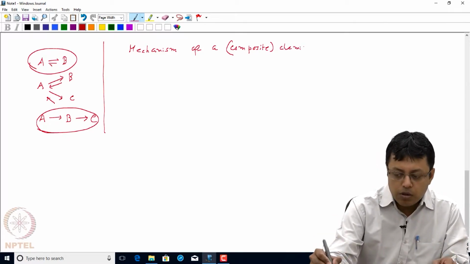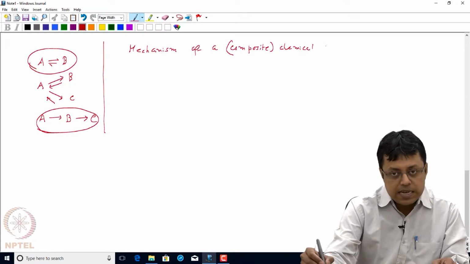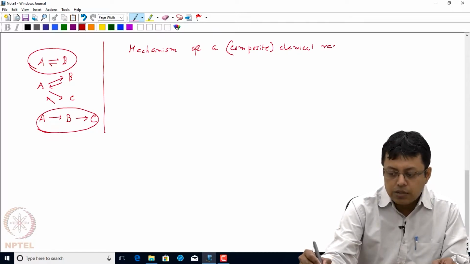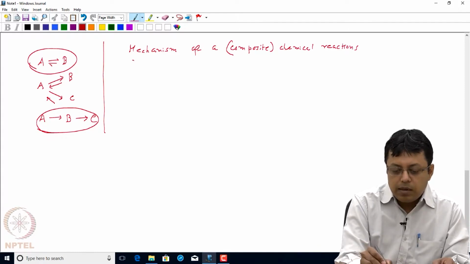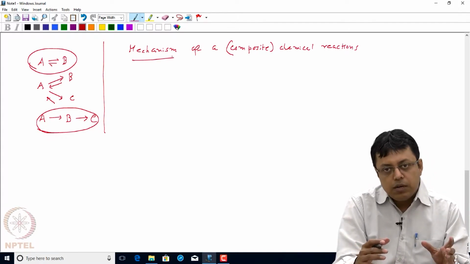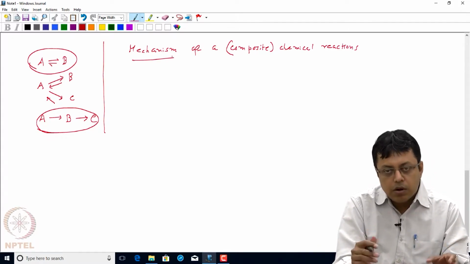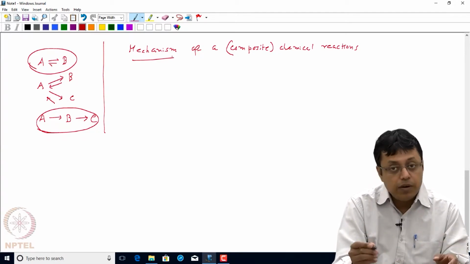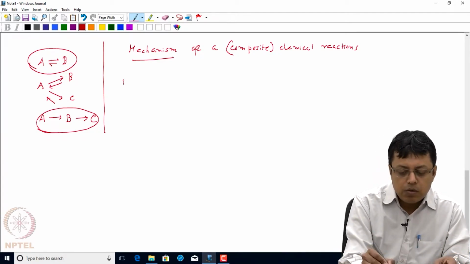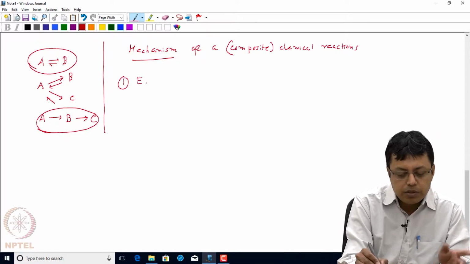So almost all chemical reactions, the way we see them in a laboratory, are actually composite reactions. Now, to understand the mechanism, we have basically two hypotheses or two approximations which are frequently used. The first one is known as the rate determining equilibrium approximation.